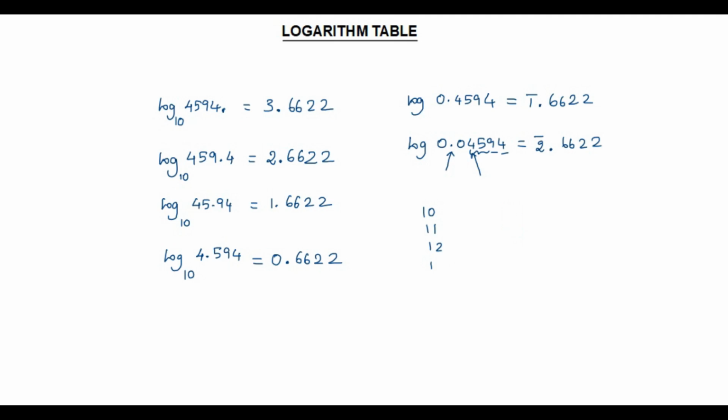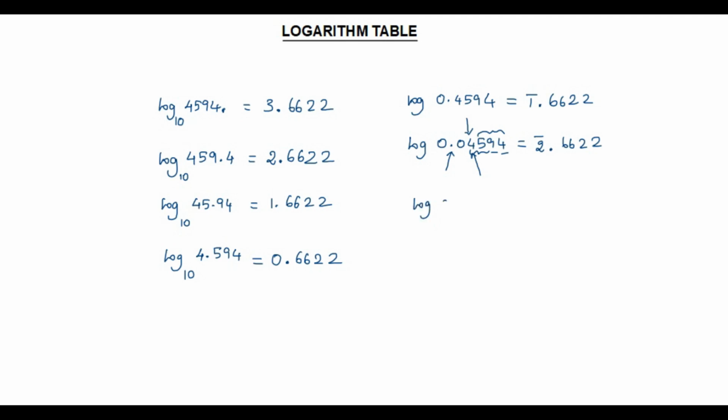So when I want to get a value in the logarithm table, I have to consider the non-zero digit and the digits after that in the given number. I am not supposed to consider the 0 that we have before the non-zero digit. So always we have to consider the non-zero digit and the digits after that to get a value in the logarithm table.